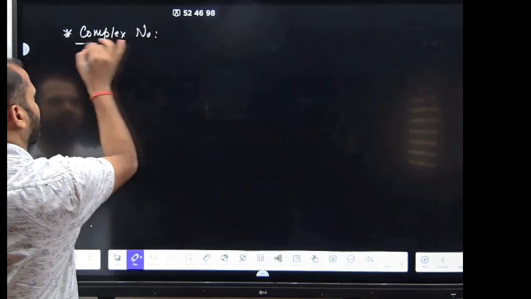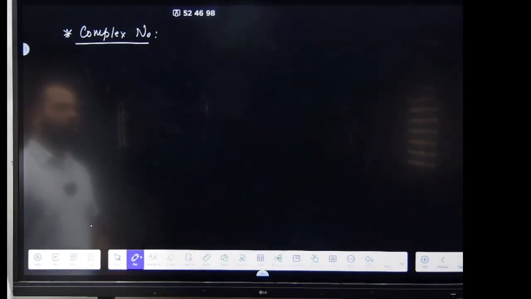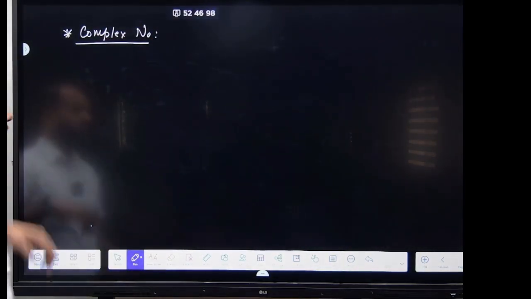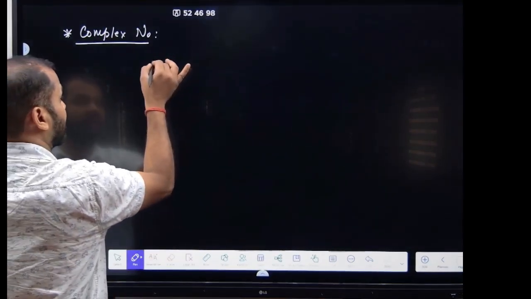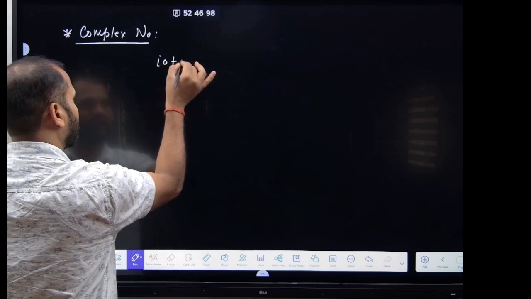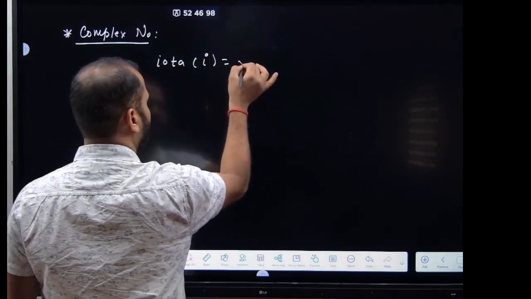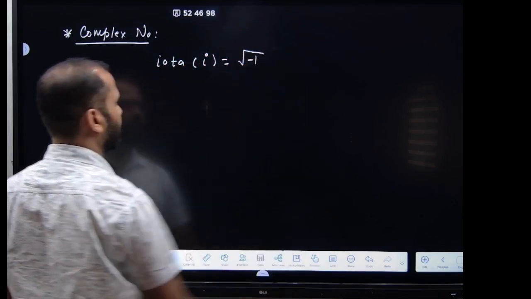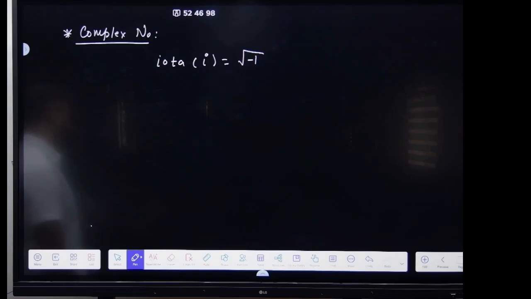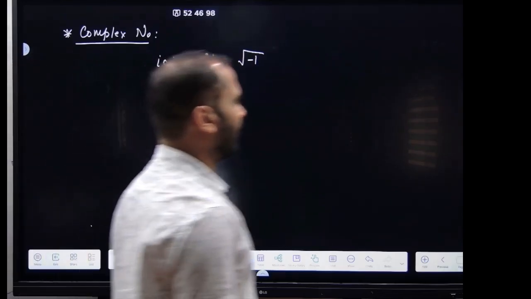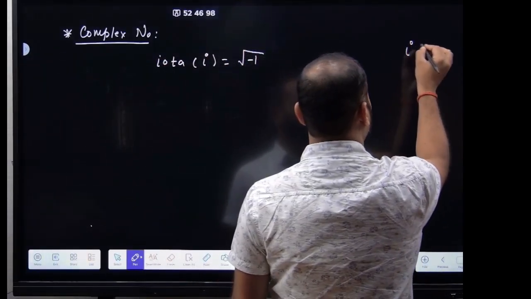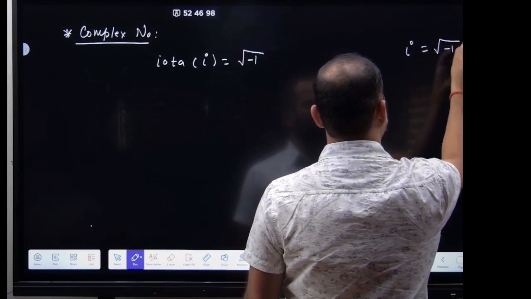Complex number. Just see what the meaning of a complex number is. One term will come: iota. In short, I will write i, and the value of this will be root under minus 1. Correct? So whenever iota is there, immediately think that iota is nothing but root under minus 1.